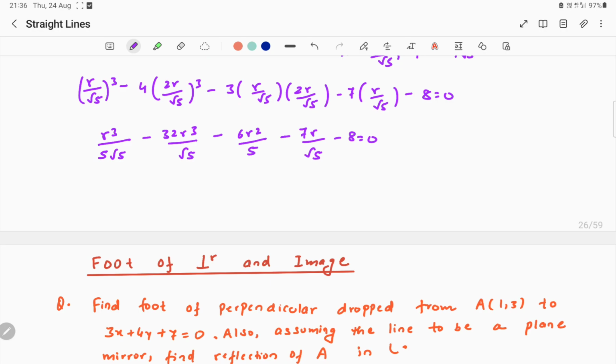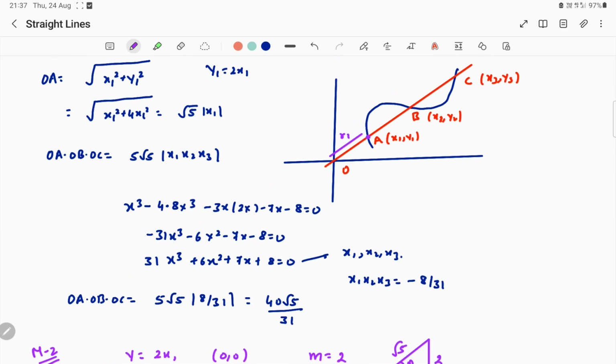So when you do a little bit of calculation, multiply by 5 root 5 and simplify this. This will be minus 31 r cube minus 6 root 5 r square minus 35 r, and minus 40 root 5 is equal to 0. So we can multiply by minus, so everywhere it will be plus. Now for this equation there are 3 roots, r1, r2 and r3, measured from the origin.